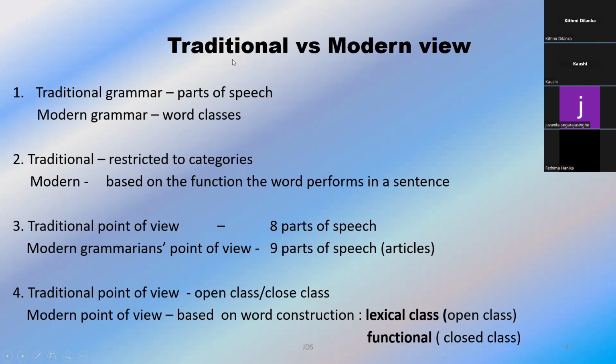Then you have the modern view, that means how modern grammarians view parts of speech, or what is the term that the modern grammarians are using to relate to parts of speech. So there are differences between the traditional and the modern view. Given over here, these four are the major differences that we can find in relation to the traditional view and the modern view.